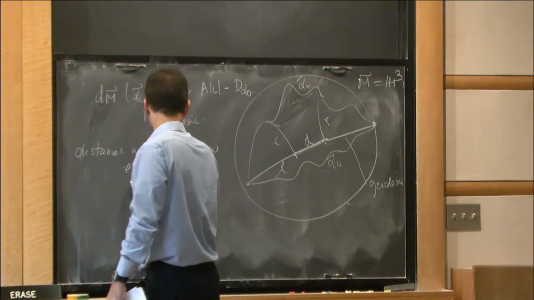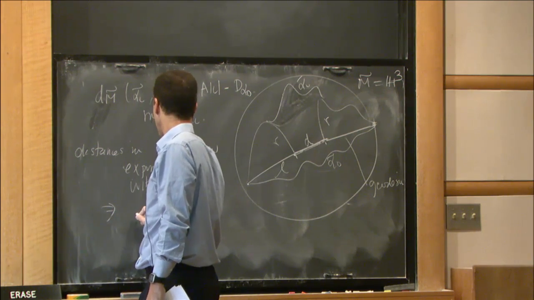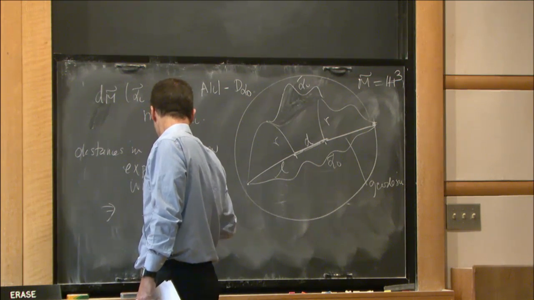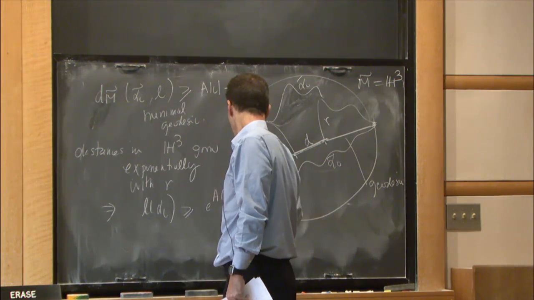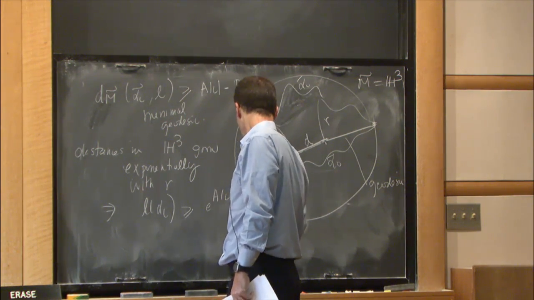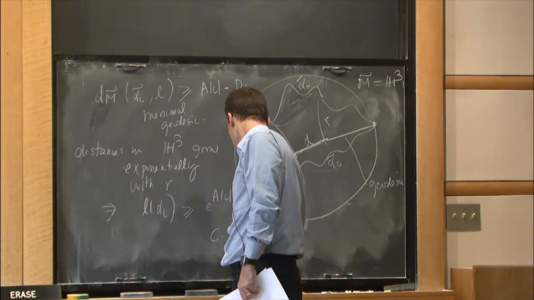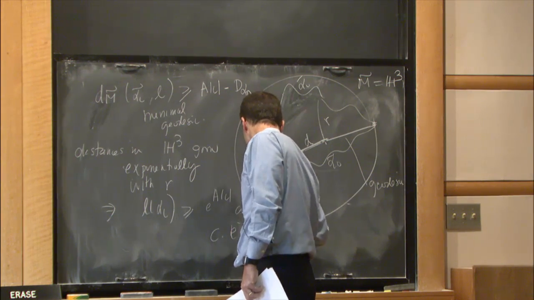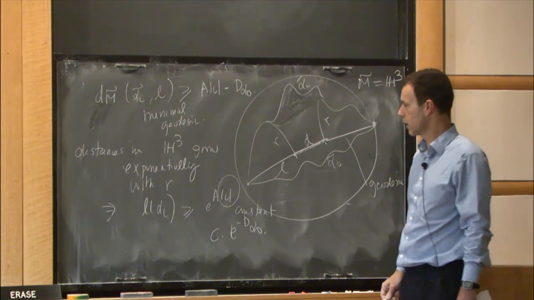It grows exponentially with r, which implies that the length of alpha i is at least e to the A i times some constant, which is c times e to the minus d alpha 0. Okay? And so that we get the exponential growth in i here.